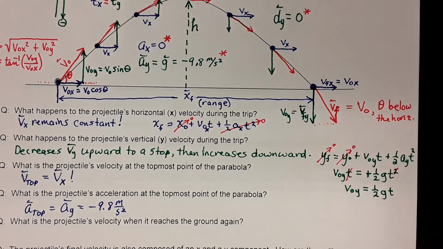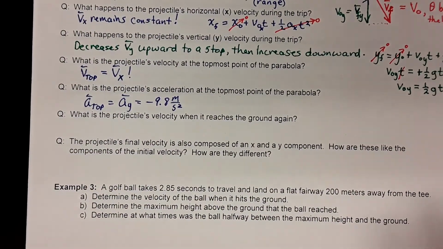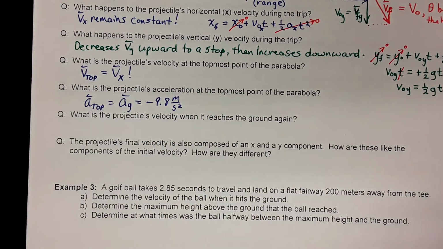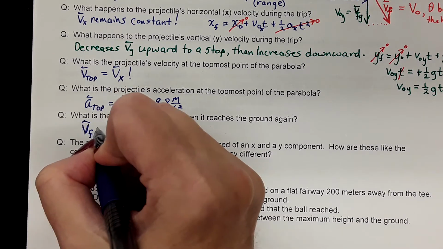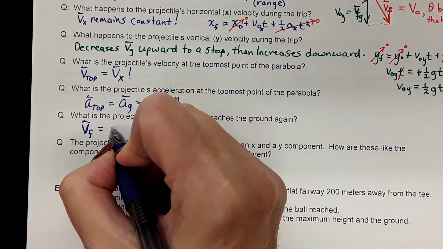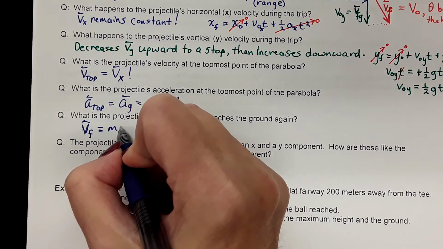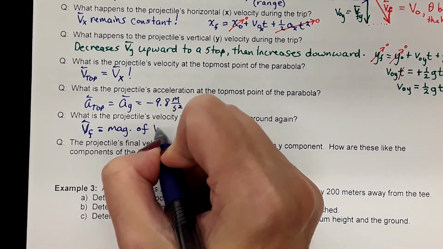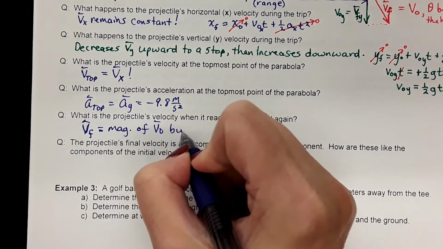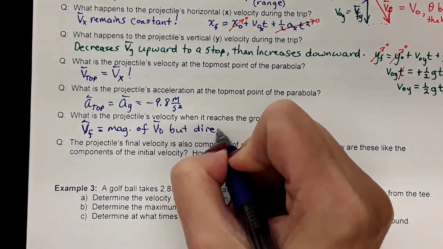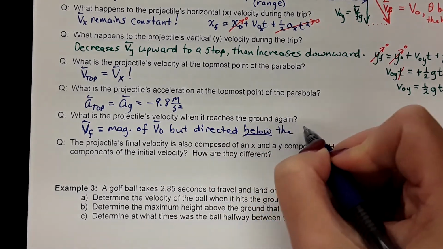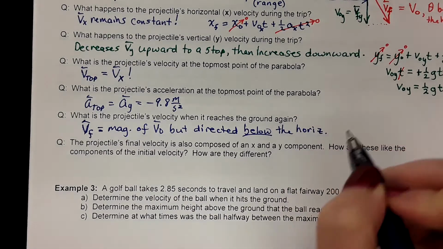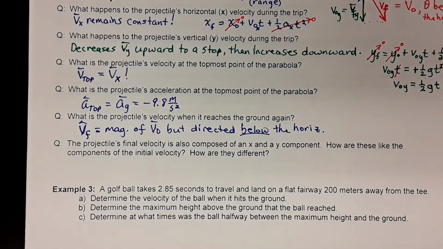So let's write that right here. Watch this. Let me use the other pen. So we're going to say V sub F, the final resultant velocity, equals in magnitude the magnitude of V sub O, but directed below the horizontal rather than above. It's directed below rather than above.